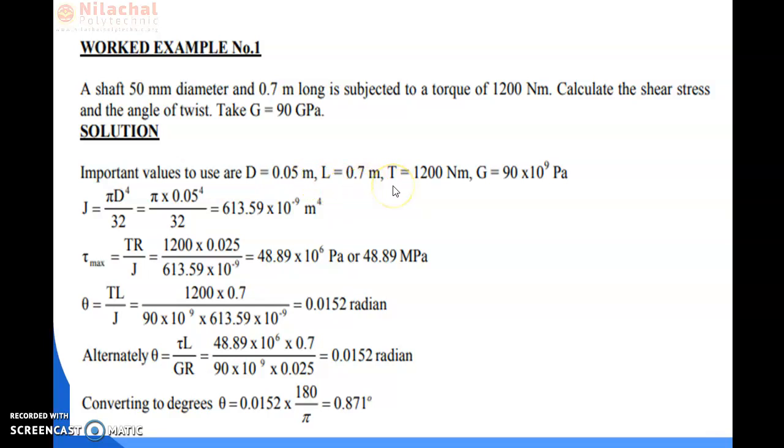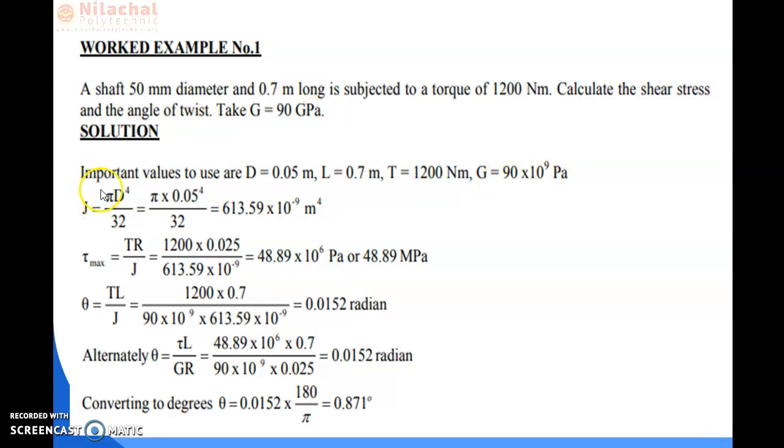Then the torque value T is 1200 Newton meter. And last, G value is given, that is 90 into 10 to the power 9 Pascal. So 1 GPa is equal to 10 to the power 9 Pascal, so here we convert the value of 90 GPa into Pa.